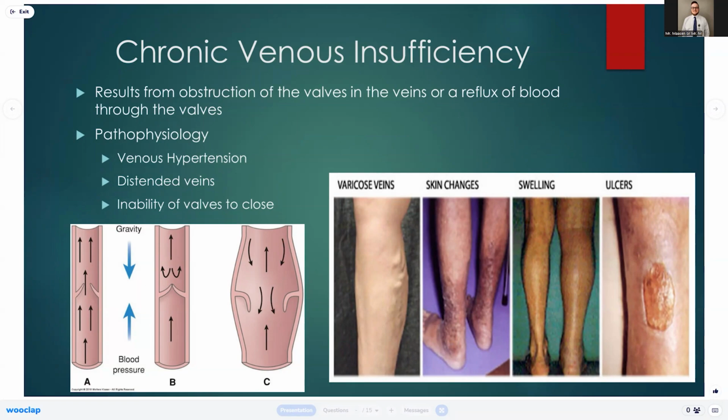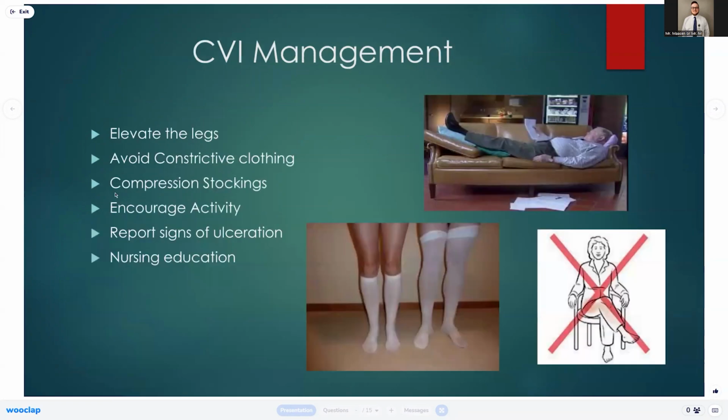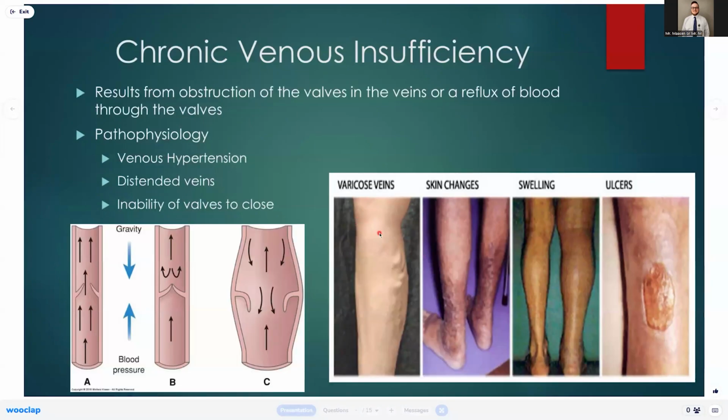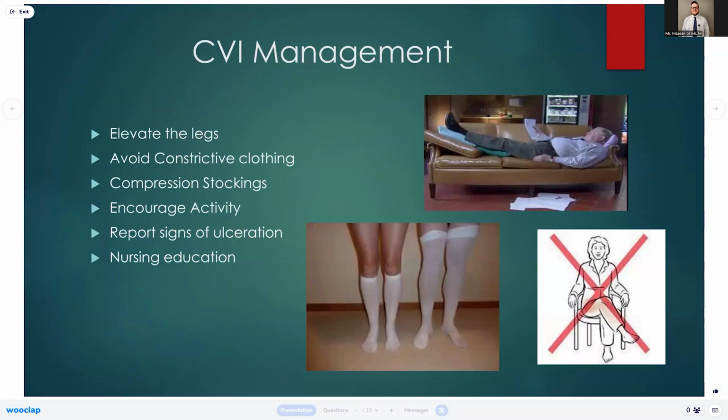So venous blood pressure is too high, veins get distended, venous stasis, that sort of stuff. Again, our veins are usually going back up from the feet, especially, and those are always fighting gravity. And so they have the biggest risk for development of this. And you can see that varicose veins, skin changes, edema, ulcer development, that's all pretty common with that.